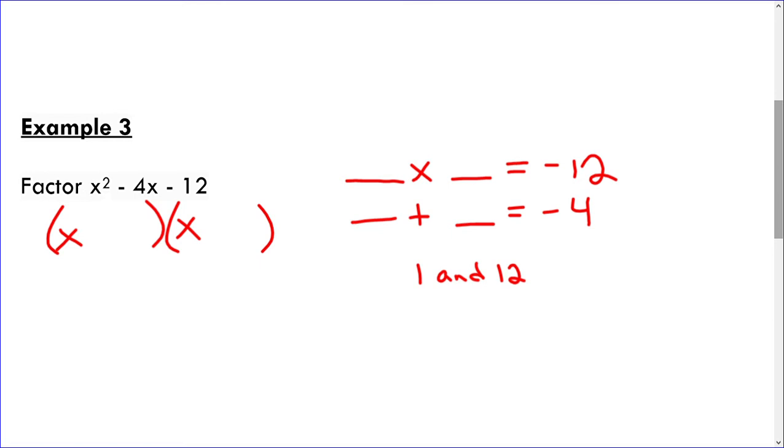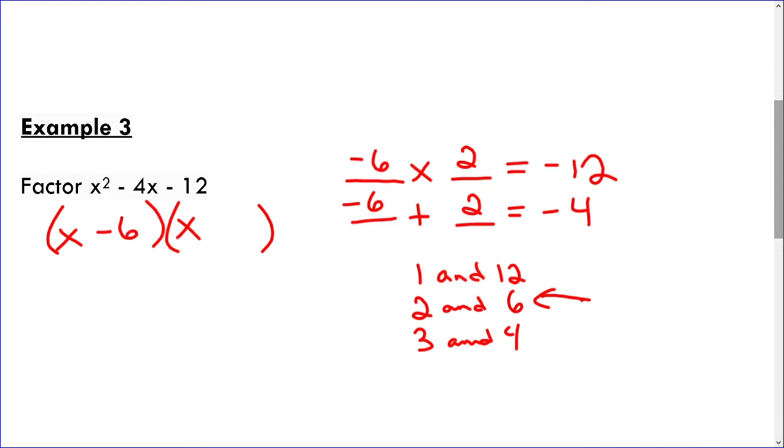We had 1 and 12, we had 2 and 6, and then we had 3 and 4. It looks like 2 and 6 are going to satisfy that condition, where the bigger number has to carry the negative because I have negative 4 when I add them together. So I'm going to have negative 6 and 2, and negative 6 times 2 gives me negative 12. It doesn't matter which place you put the negative 6 or the 2, because we're multiplying them together anyway. So x minus 6 and x plus 2.